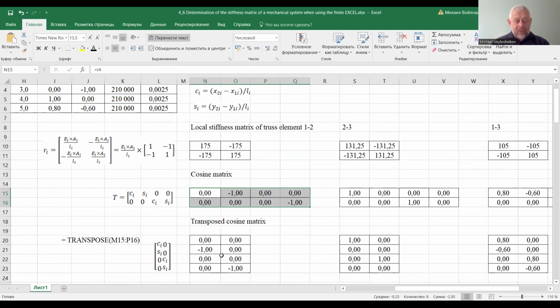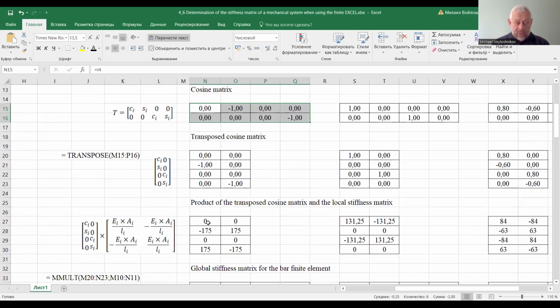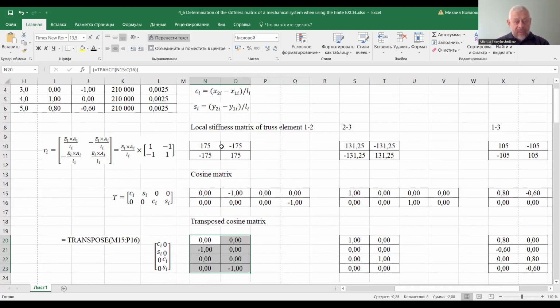The sequence of the product of the matrices is very important. The first matrix is the transposed cosine matrix, multiplied by the stiffness matrix.